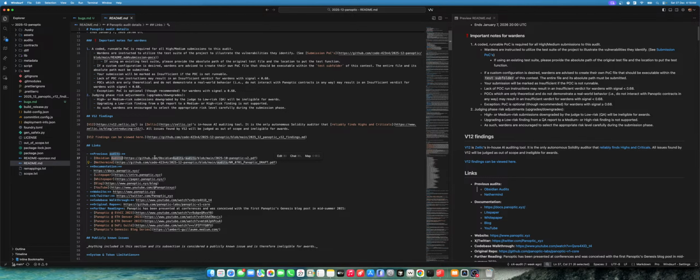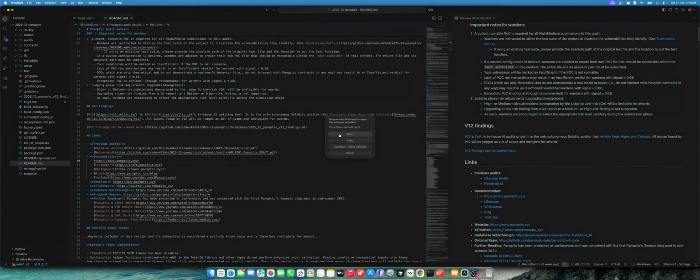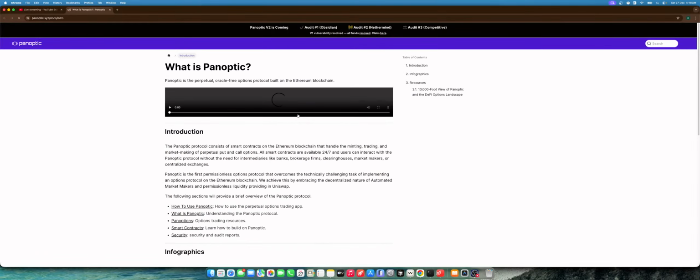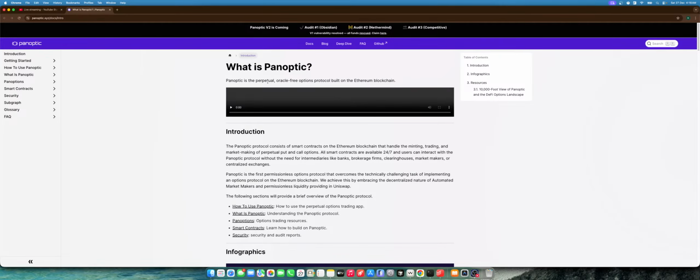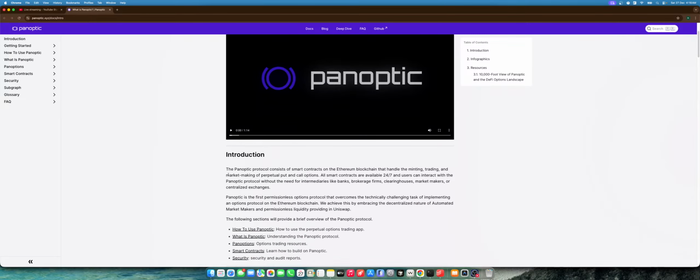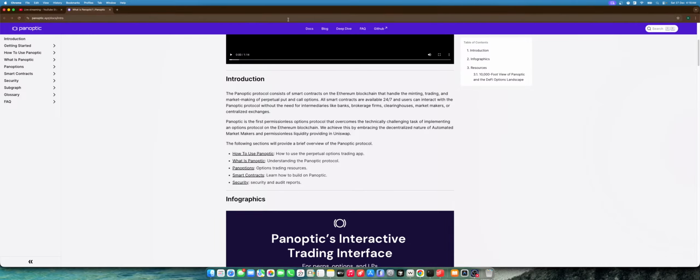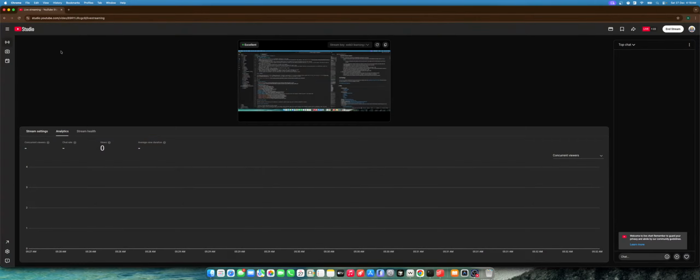Would be cool if Obsidian audits just posted audits on Obsidian. Let's read it. I need to import this.